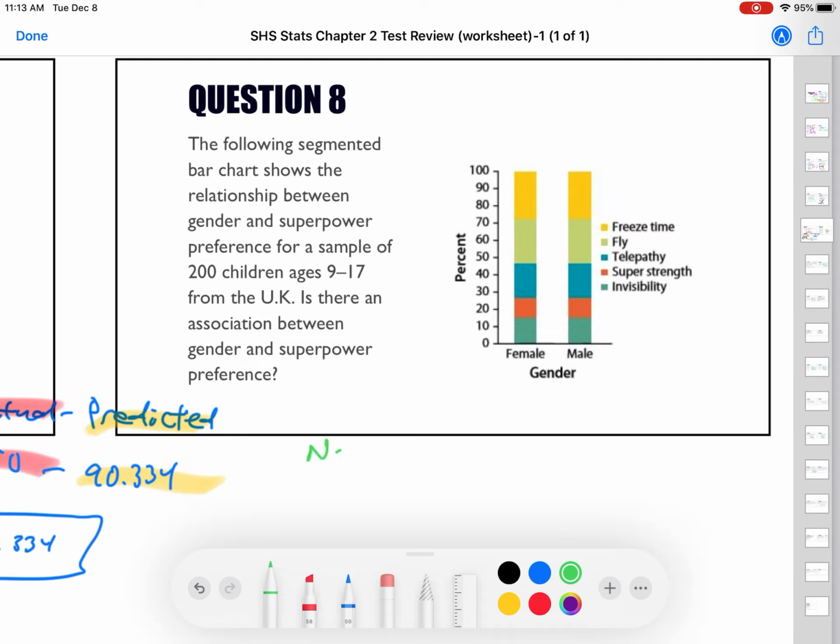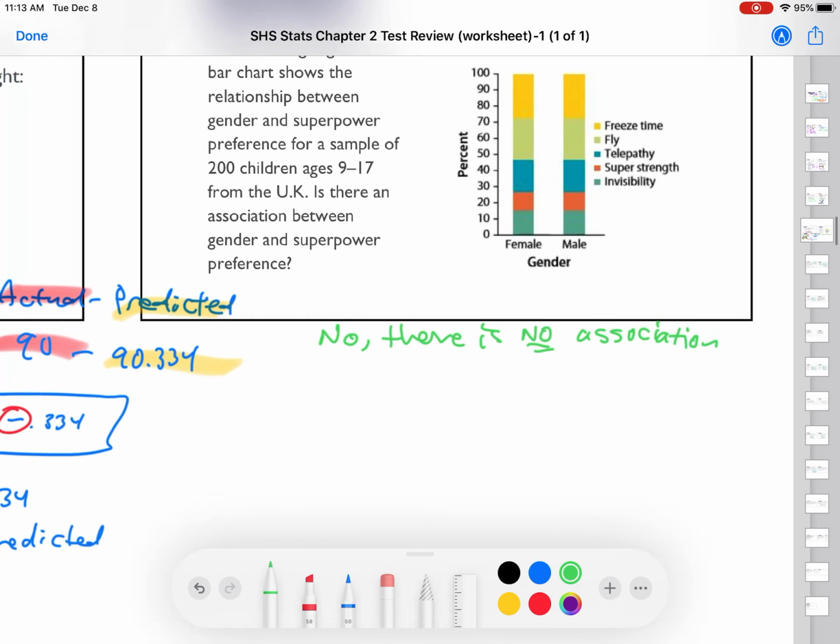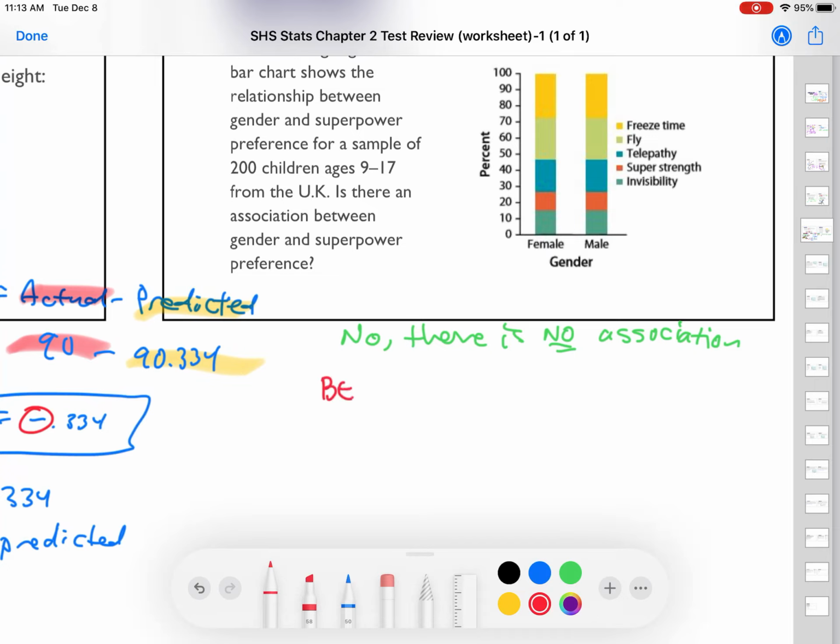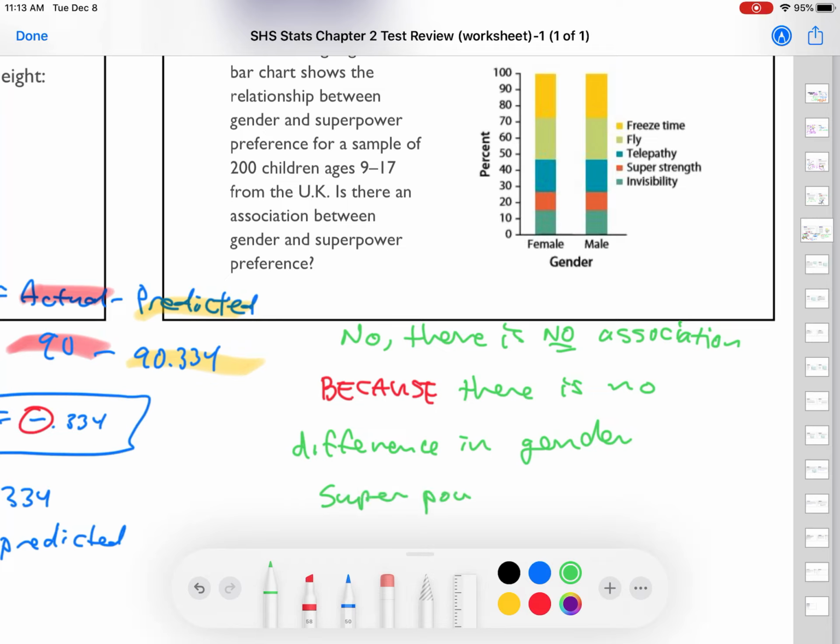So we could say that no, there is no association, and the why part is because there is no difference in gender superpower preferences.